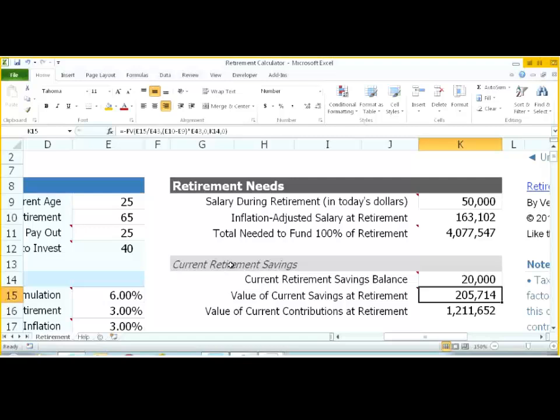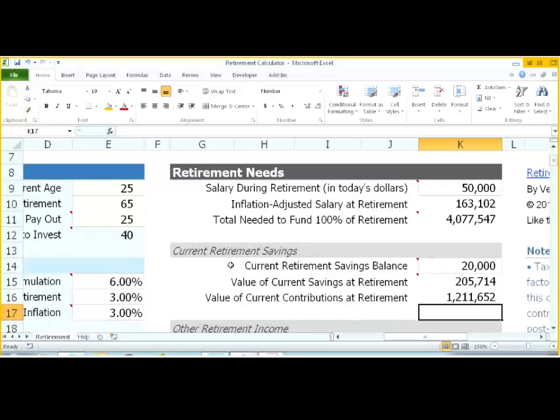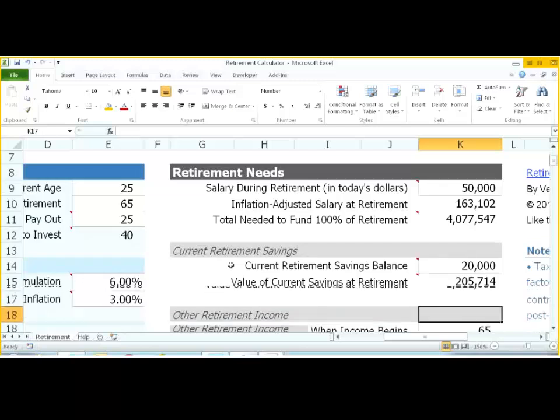My parents gave me $10,000, my grandparents gave me $10,000. What would that be worth in so many years? That's that calculation. This is this money plus what I've contributed through my employer. So that's the savings. It says I am $2.8 million short. That's not too good. Okay.